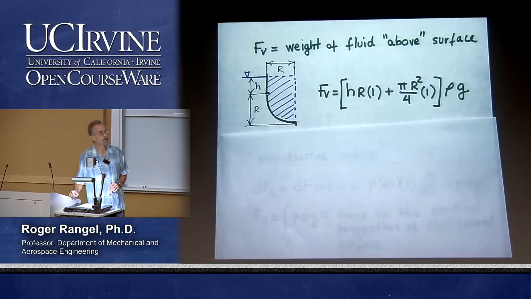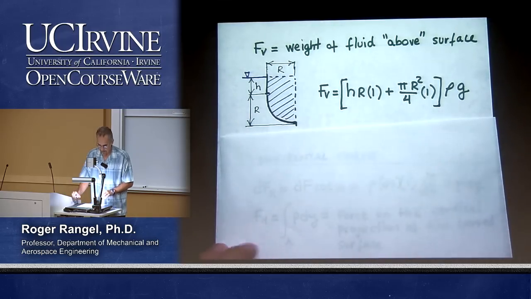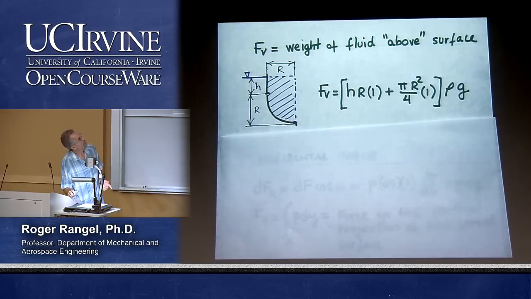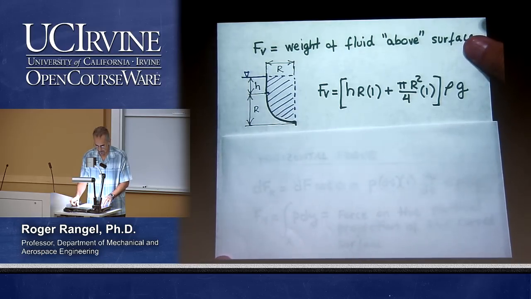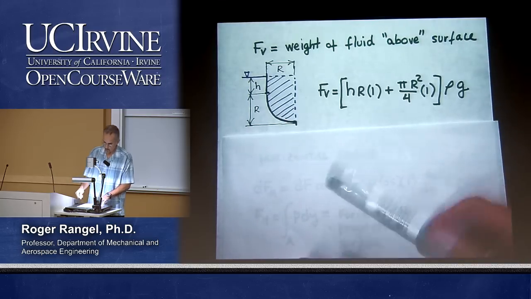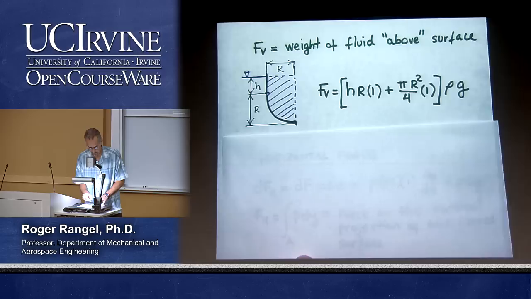Then times rho g to make it the weight. That's how we compute the vertical component of the force on a curved surface, and in this particular example, those would be the results. All you need to do to finish a problem like this is plug in the actual values if you're given data for these quantities.